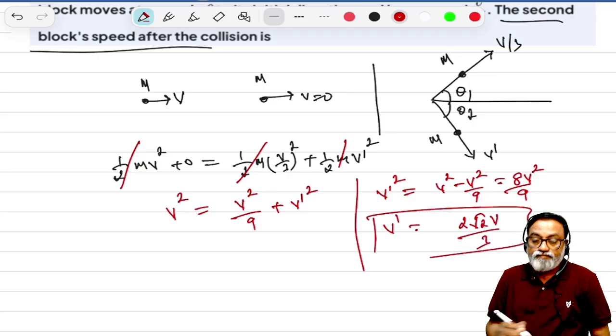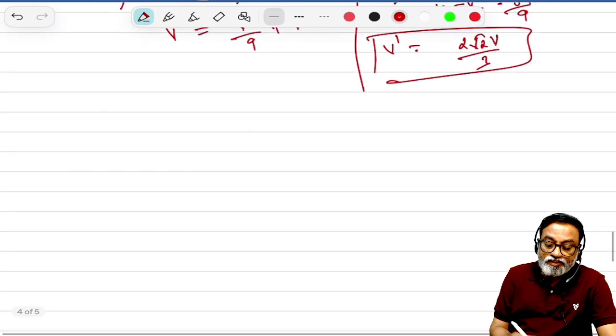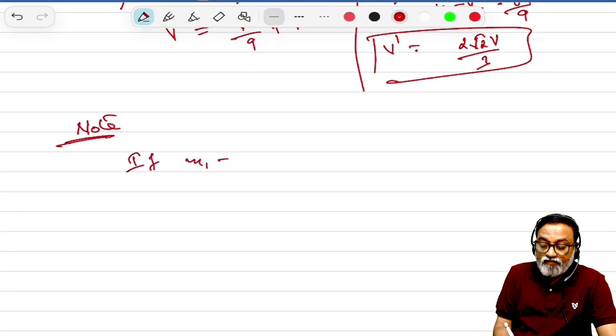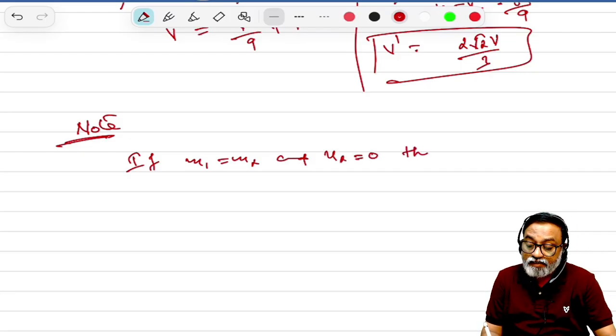This is the velocity. Here, one important point to note: if m1 is equal to m2 and u2 is equal to 0, meaning the second body is at rest, then theta 1 plus theta 2 is equal to 90 degrees.